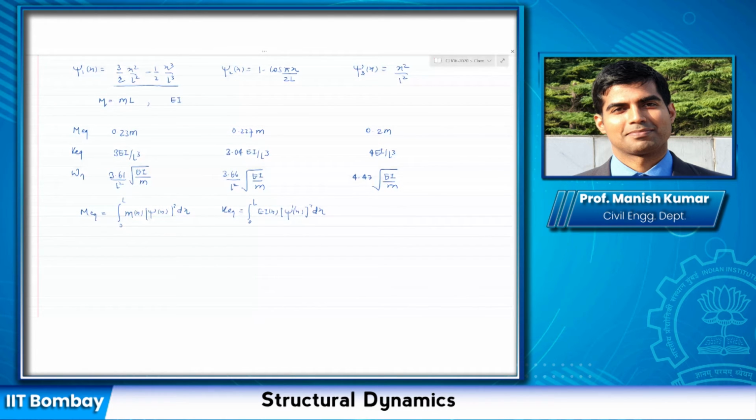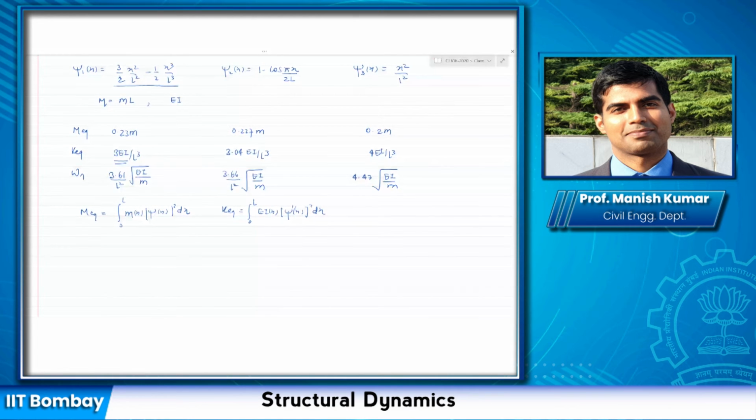Because if you are taking the same structure and finding the response due to static load, by default, because it is the same structure, it would have the same boundary condition. So the displacement boundary condition would always be satisfied. Even the K equivalent is 3EI by L cube, which is the same as what we would have derived using our initial methods.